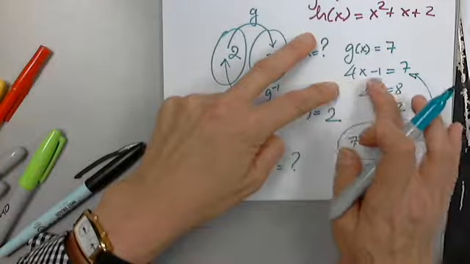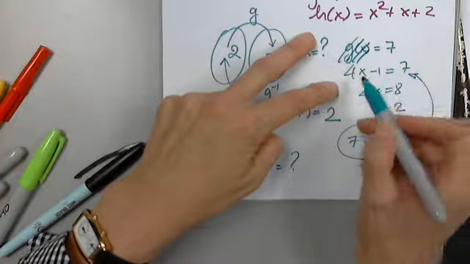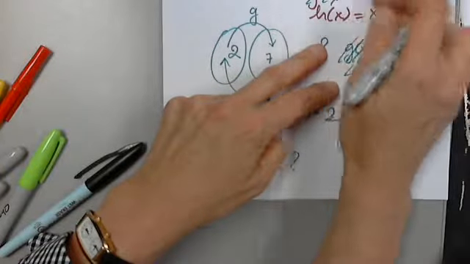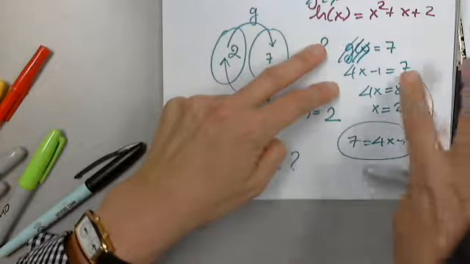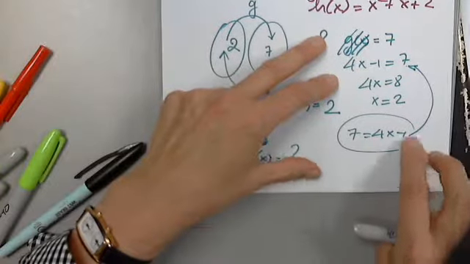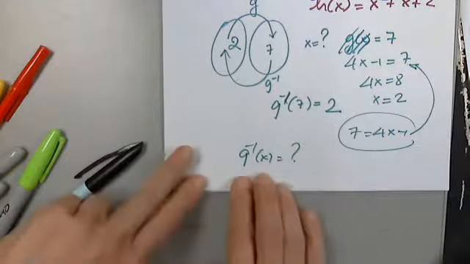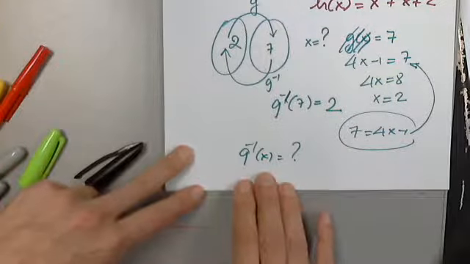I wrote 4x minus 1 because I replaced this by 4x minus 1. Instead, you put 7 instead of this, which is the same thing. There is no difference. You still have to add 1 and divide by 4. However, if you had in mind to find g inverse, that's a very good idea.